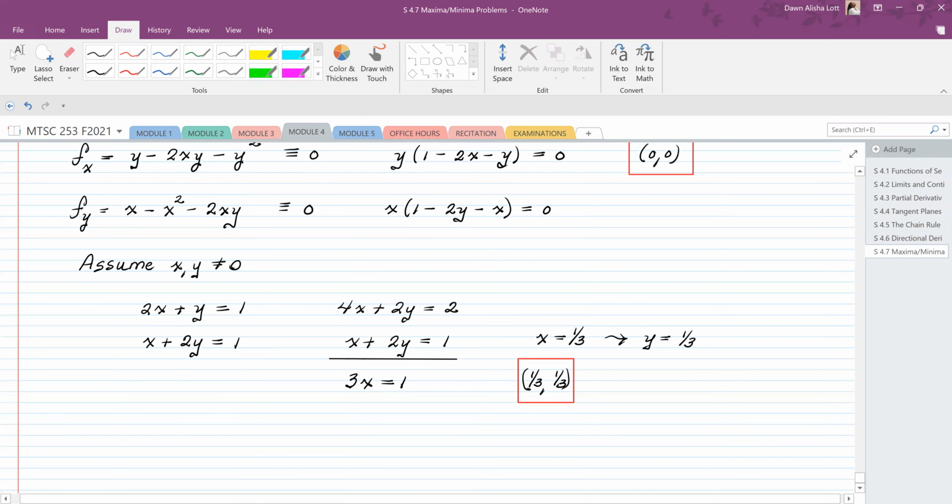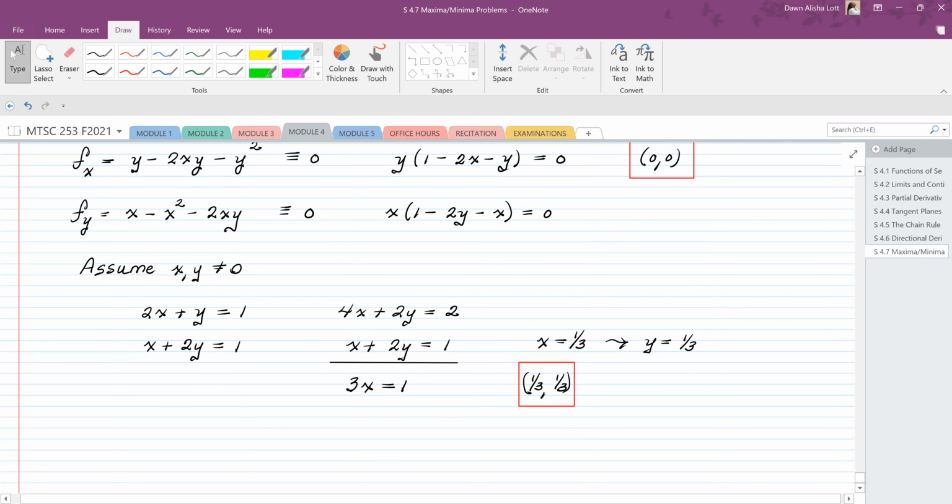And then we also have to check what happens if x is 0. So we already know that the point (0, 0) will work, but if x is 0, it knocks out this whole second equation, but it can still give us something else in the top equation.